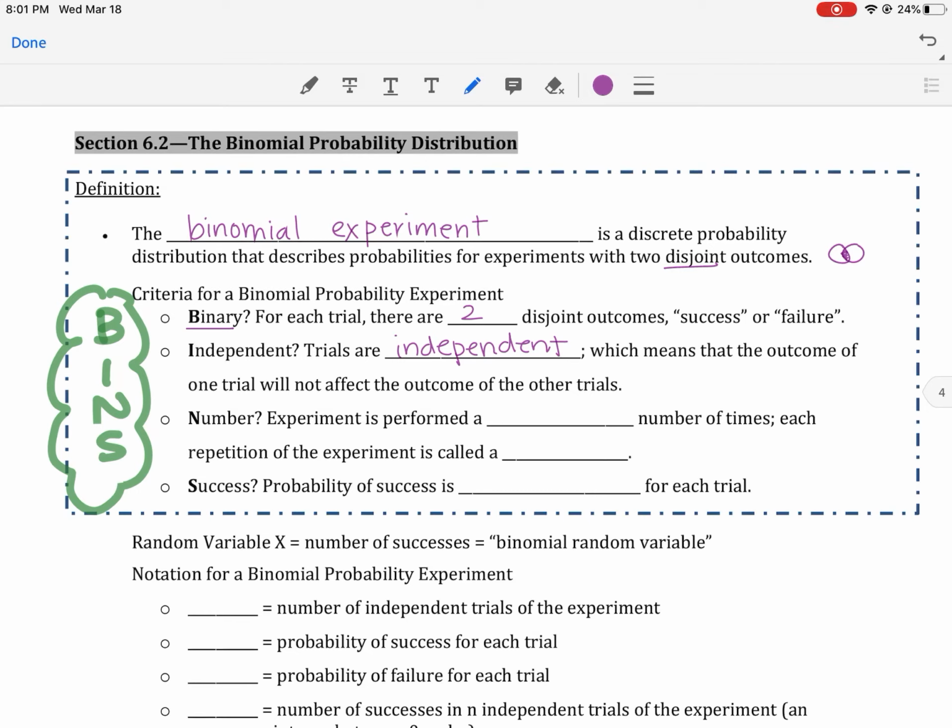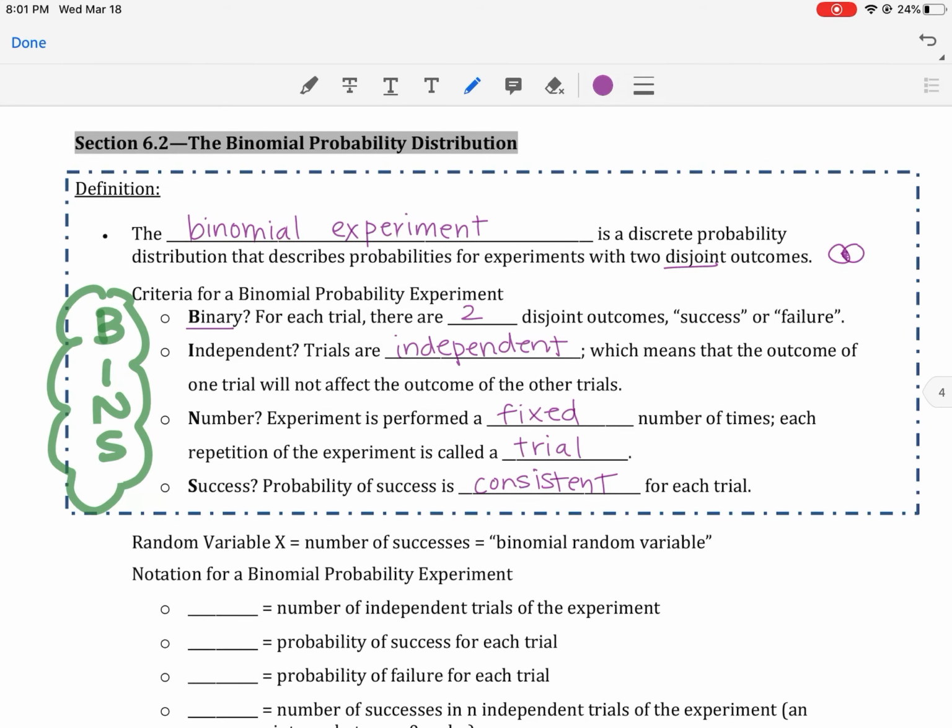It's the idea that the outcome of one trial will not affect the outcome of another. N is number, meaning the experiment is performed a fixed or set number of times. Each repetition of the experiment is called a trial. And then lastly, success. The probability of a success is consistent for each trial.